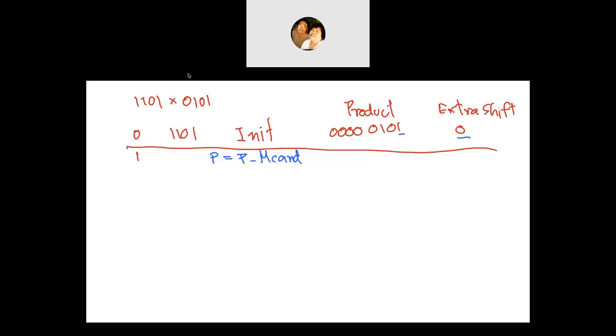In this case, we have 0, 0, 0, 0, and we have to subtract 1, 1, 0, 1. So I simply change it to plus, and I change it to 0, 0, 1, 0, and I put the carry in as 1.